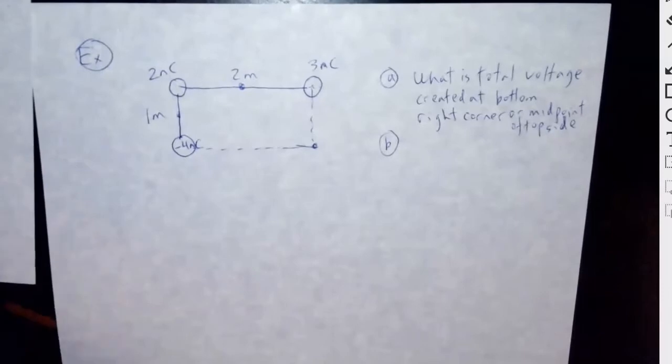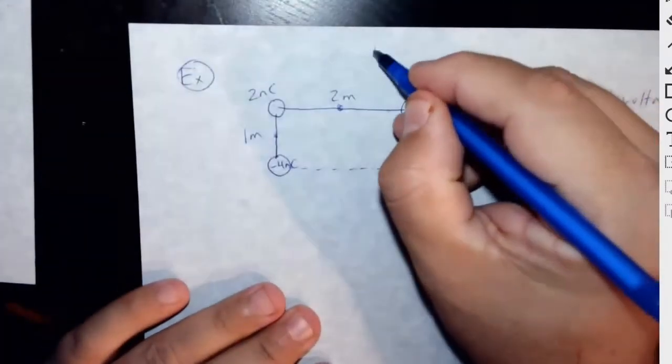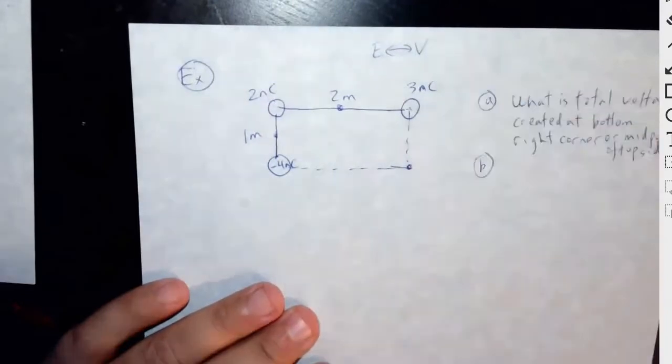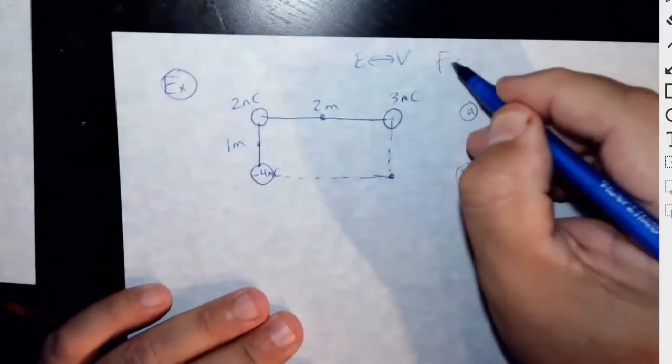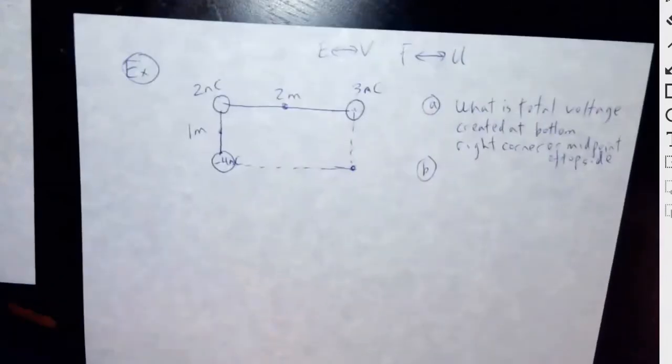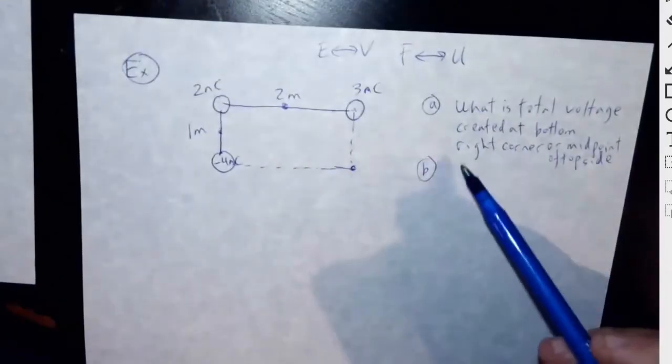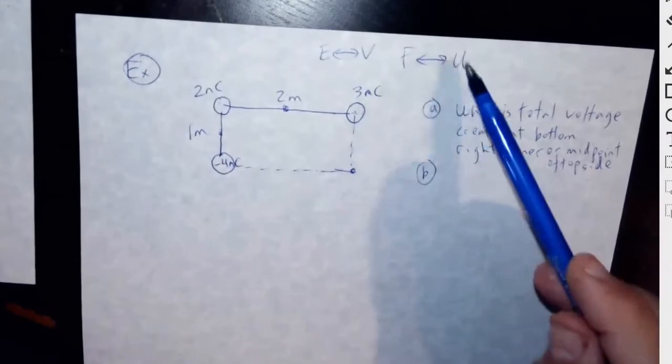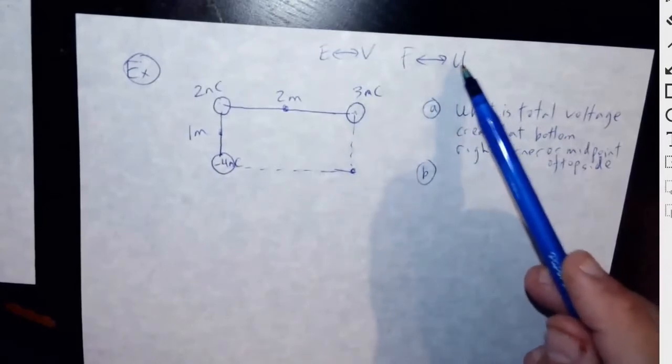Well, here it has to be the equivalent of force for this chapter. Remember, electric field is to voltage as force is to electrical potential energy. So if we're going to ask a force type question, now we have to word it in terms of potential energy.